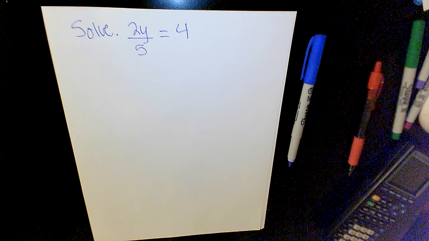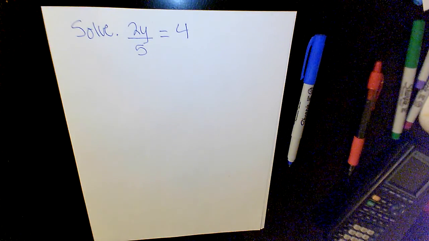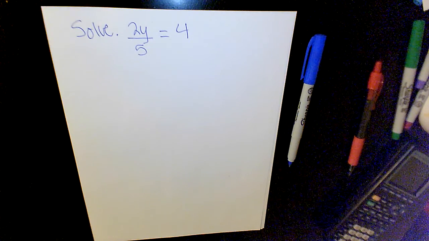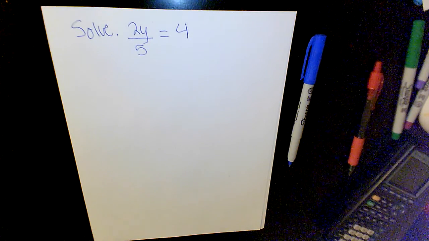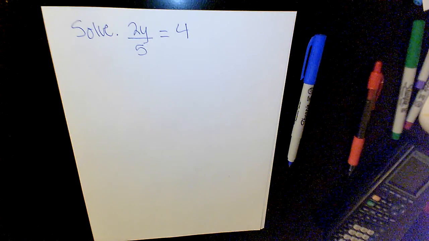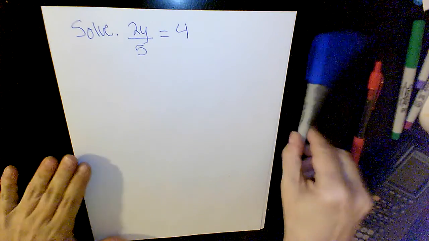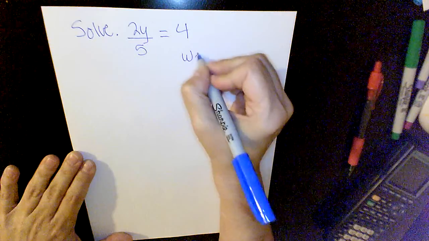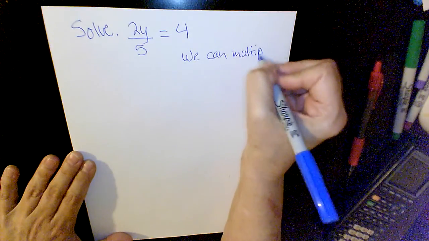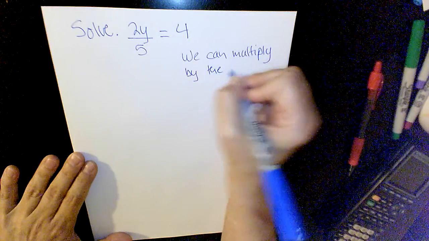But we learned something in Math 085, and I don't know if you remember, another way to look at it is we can multiply by the reciprocal. So let me write that on here. It's the same thing as dividing by 2/5, or we can multiply by the reciprocal.